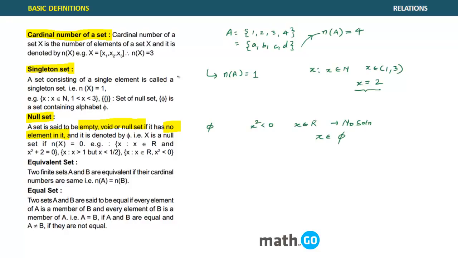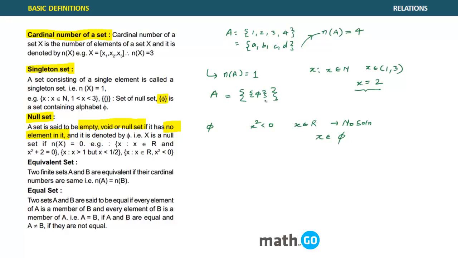Okay. Though there is a difference between what I have written over here and the singleton definition, let's go through it quickly. If I write phi inside curly brackets, this becomes a set containing phi as an element. So for example, you have defined a set A, something like this.